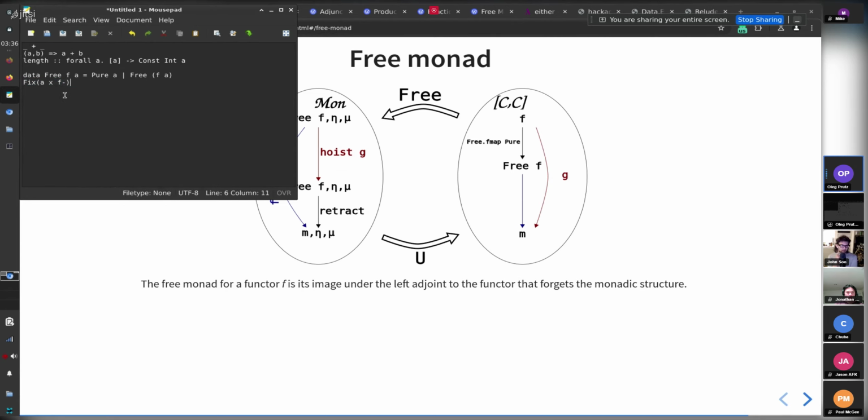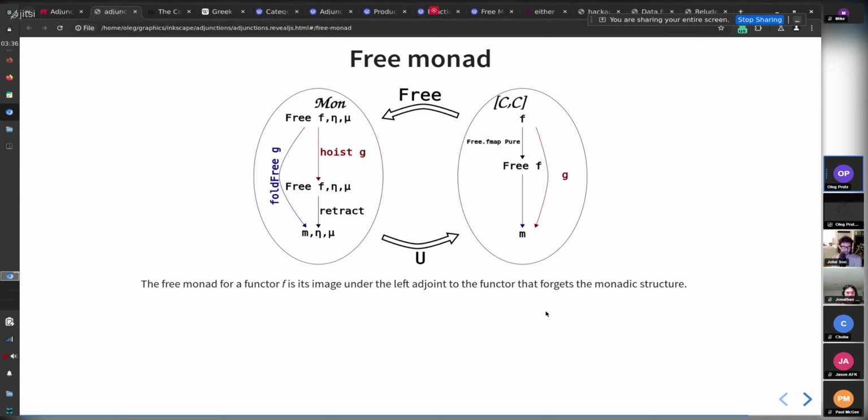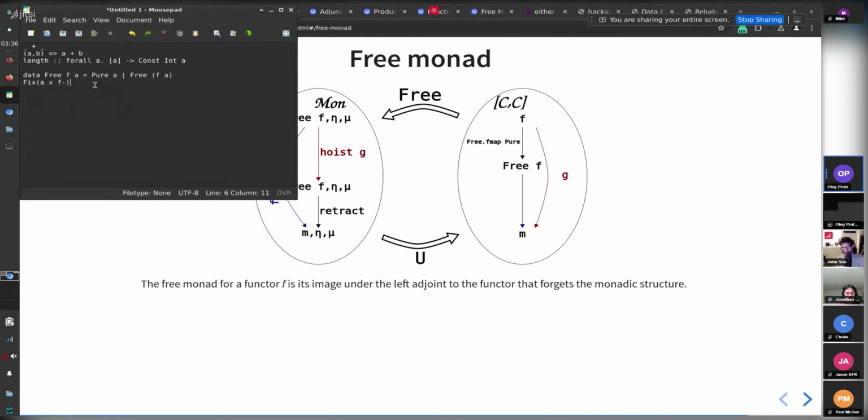I'm using this pseudocode notation. So do you notice how coproduct is a left adjoint, and free is also a left adjoint, and free is defined as a coproduct? I think that's kind of interesting.